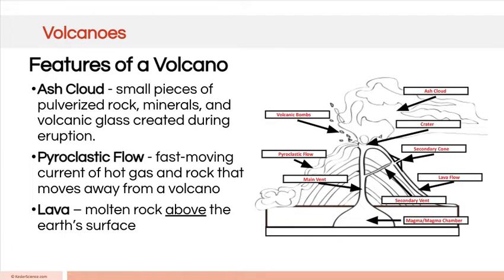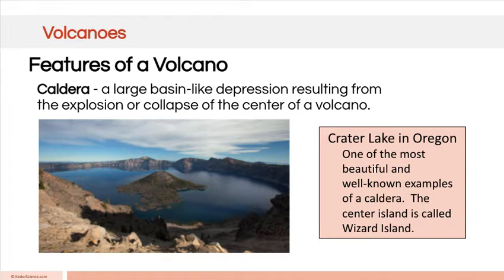So now that you have an idea of the features of a volcano, let's go ahead and look at what a caldera is. A caldera is a large basin-like depression resulting from the explosion or collapse at the center of a volcano. So maybe you've heard of Crater Lake in Oregon.